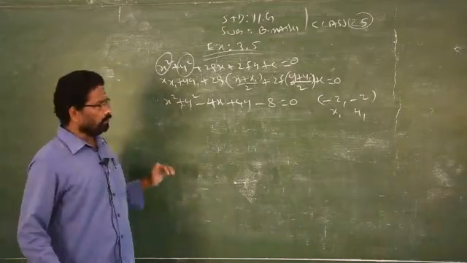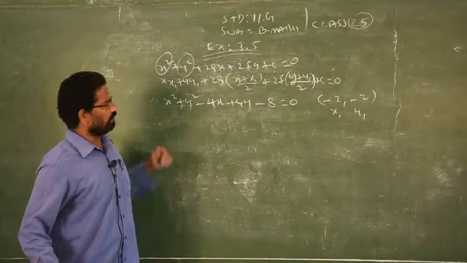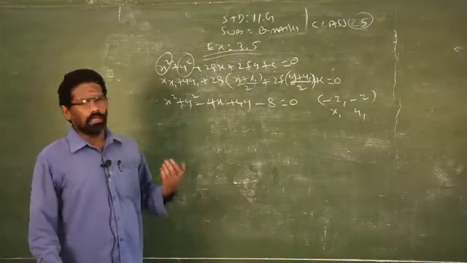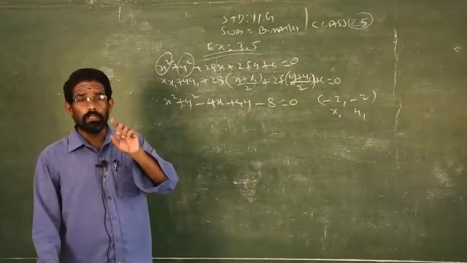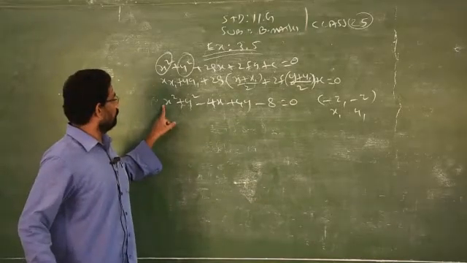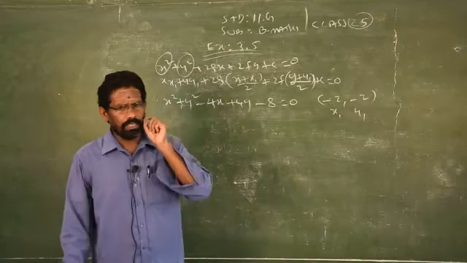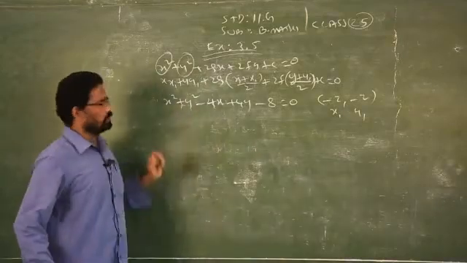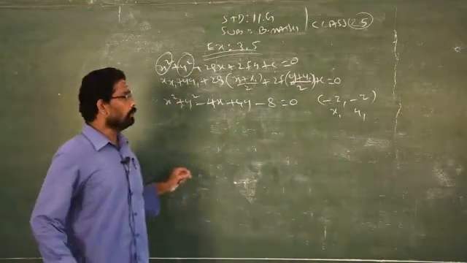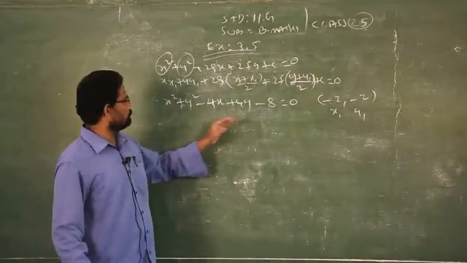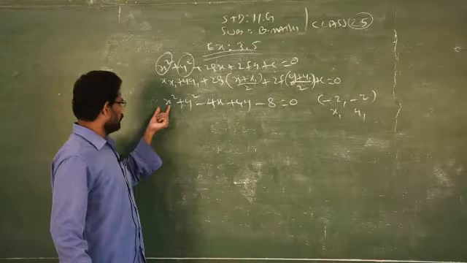So before you find the equation of the tangent, or find the center, radius and the length of the tangent, ensure that there is no coefficient along with the x square and y square. If there is any number along with the x square and y square, then you cannot apply the formula straight away. You have to divide all the terms by the coefficient of x square.